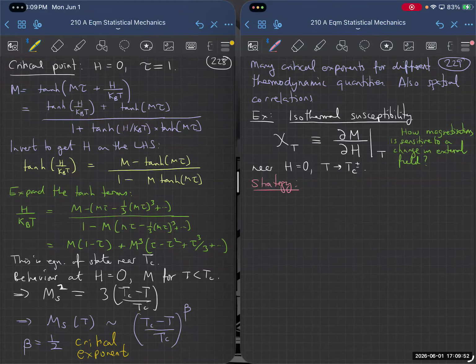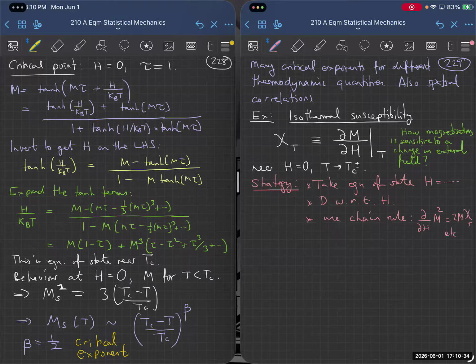You take the equation of state, which is H equals blah, blah, blah, and then you differentiate with respect to H, using the chain rule, i.e. d by dH of, say, M squared or M cubed is going to equal 2M dM by dH, which is then equal to chi.